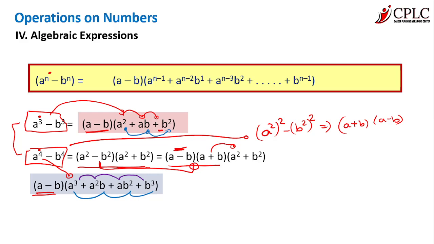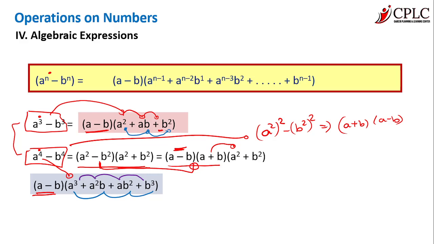The last term becomes a raised to 0, b raised to n minus 1, for example. So a is reducing in power by 1 each time, and it becomes 0 in the end. And b is increasing by 1 every time till it becomes maximum. So this is the way to do that.